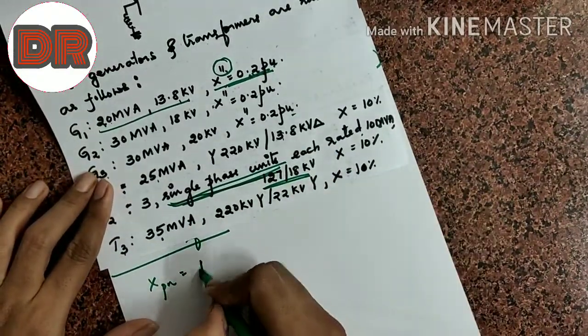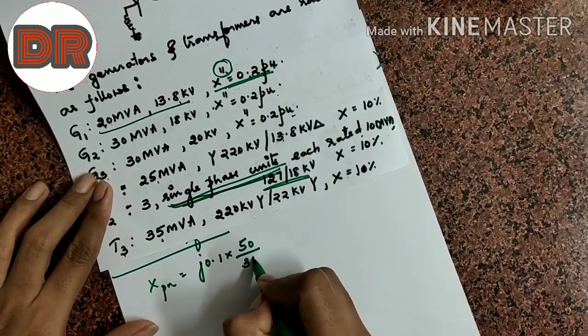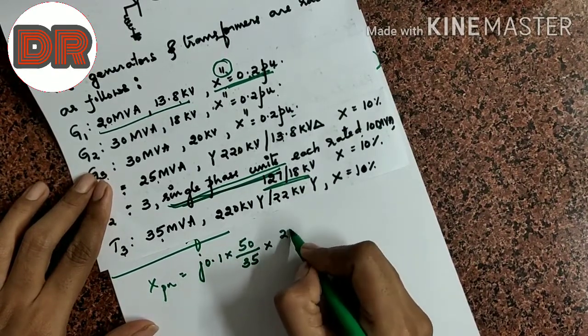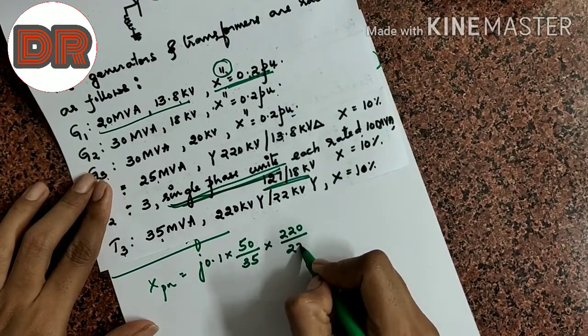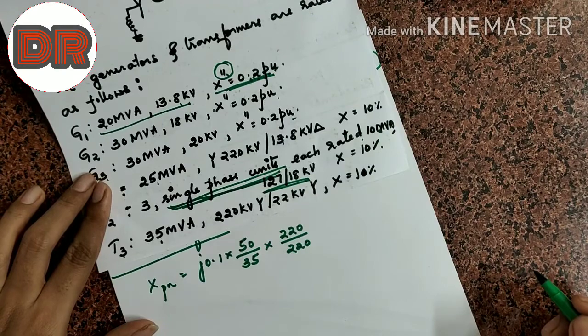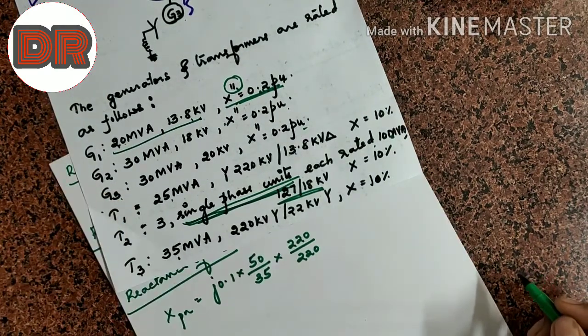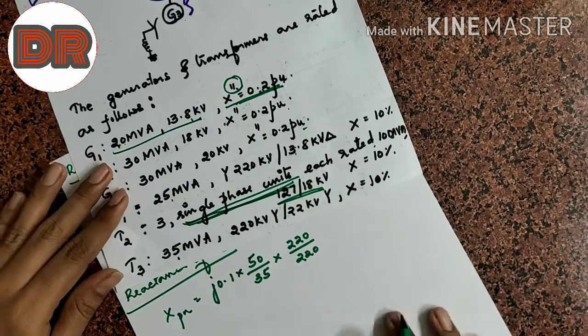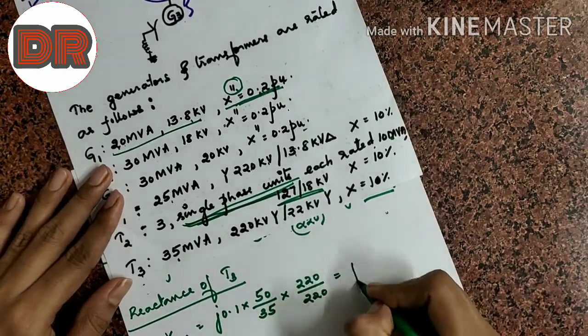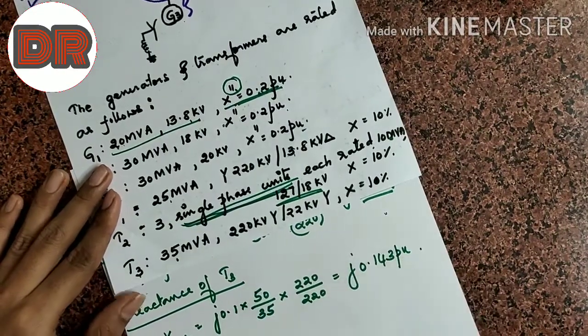J0.1 into new MVA, old MVA is 35, into 220 by 220. So the answer is J0.143 per unit.